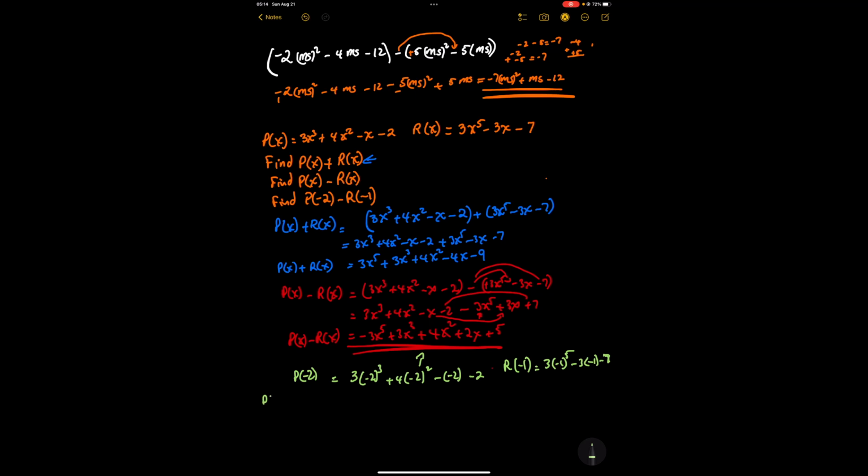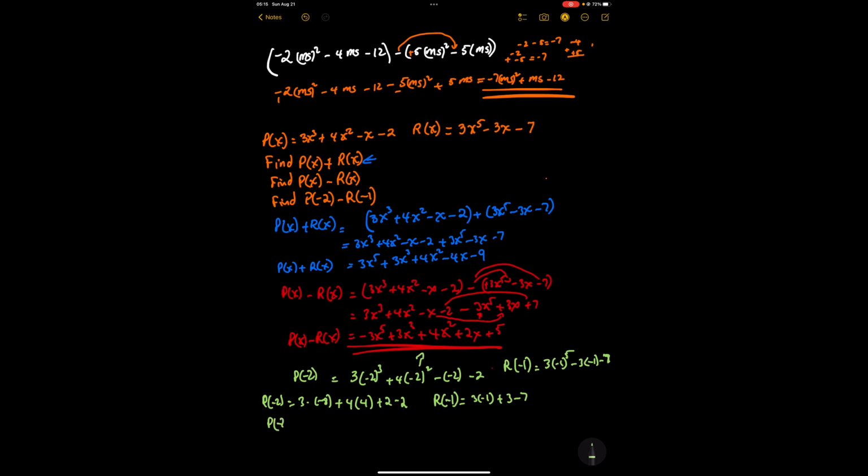So p of negative 2 is basically equal to what? 3 times negative 2 cubed is negative 8, so that's negative 8 plus 4 times 4 plus 2 minus 2. And r of negative 1: negative 1 to the power of 5 is negative 1, so that will be 3 times negative 1 plus 3 minus 7.